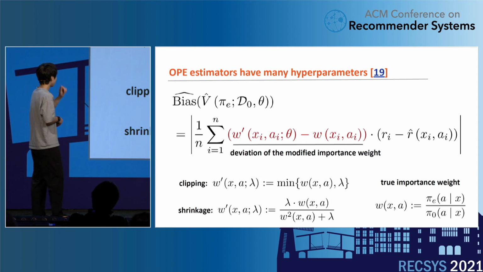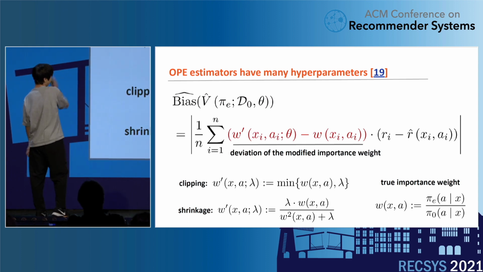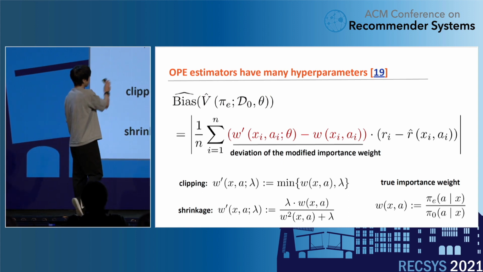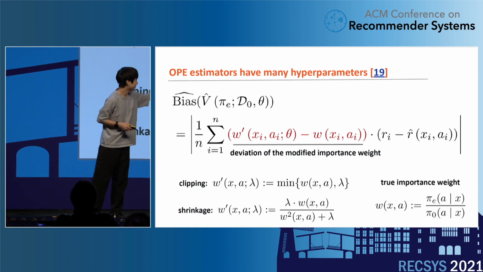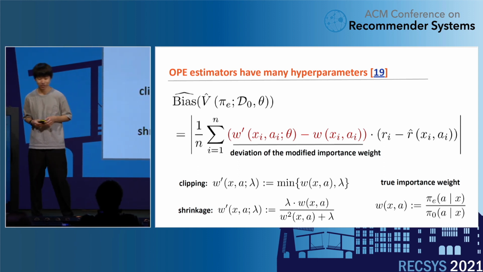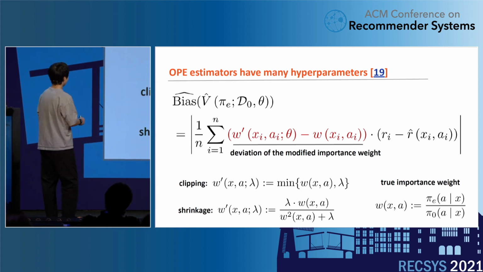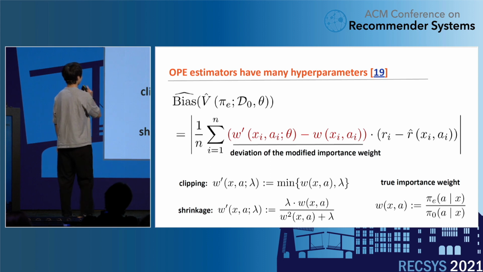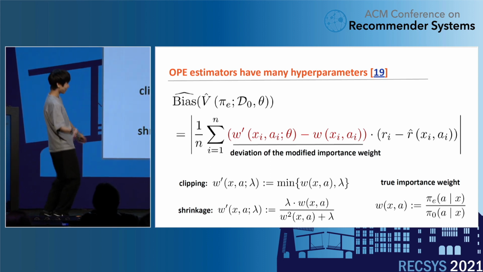One important component of the bias estimator is the deviation of the modified importance weight. W is again the true importance weight, which is just pi e over pi, and this is used in the vanilla IPS. And W dash is the modified version of the importance weight.